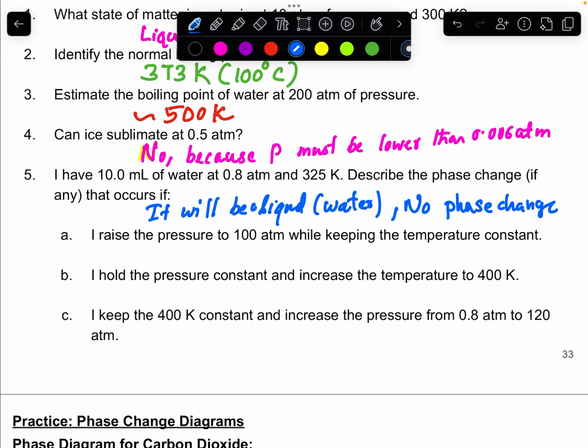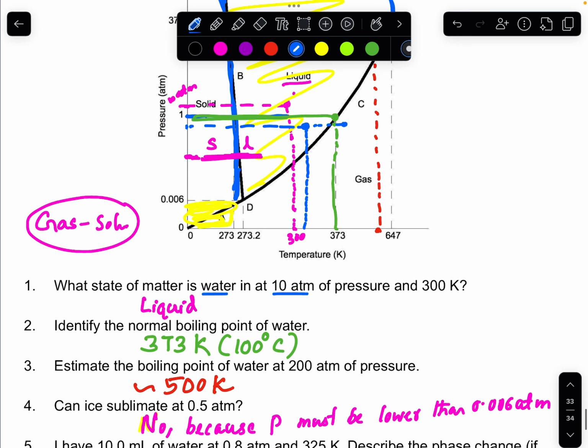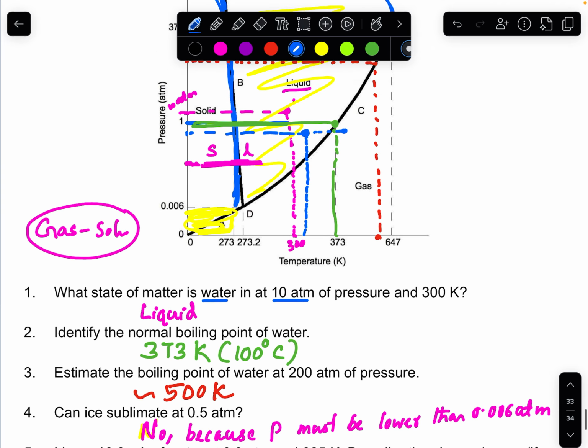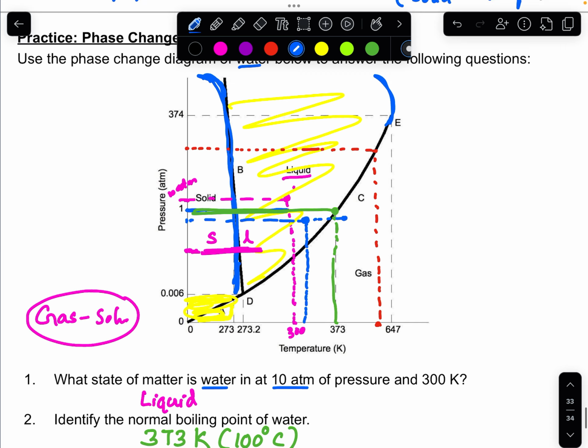I raise the pressure to 100 atm while keeping the temperature constant. Okay, temperature is again 325 and pressure is 100 atm. 100 atm will be maybe somewhere here, right?